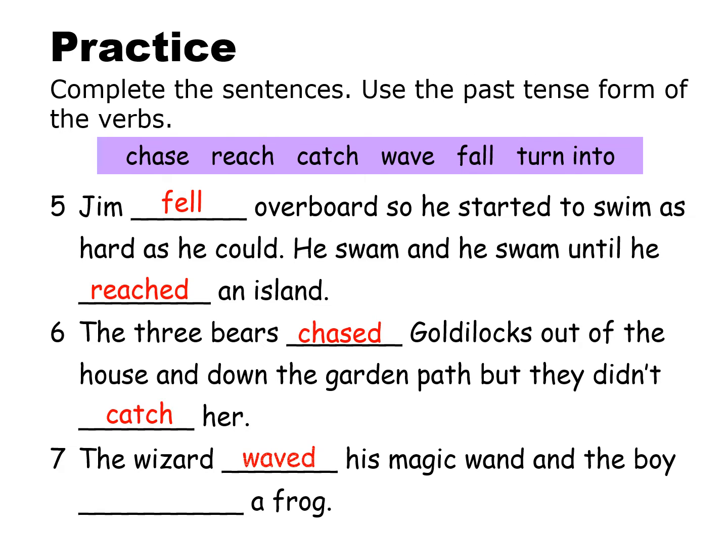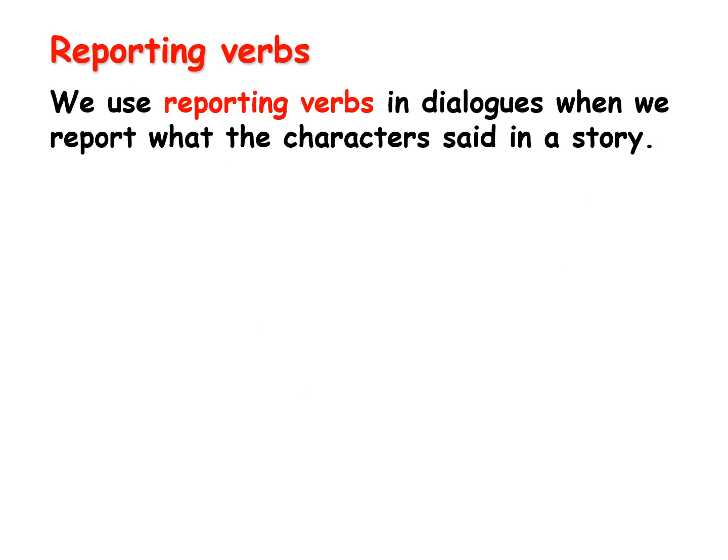The wizard waved his magic wand, and the boy turned into a frog. How did you do with action verbs? Did you get all 7 correct?